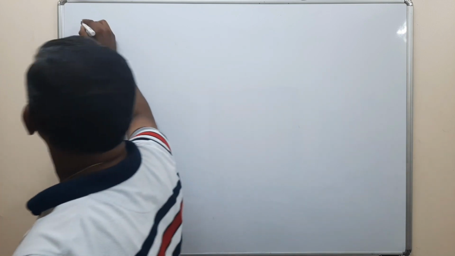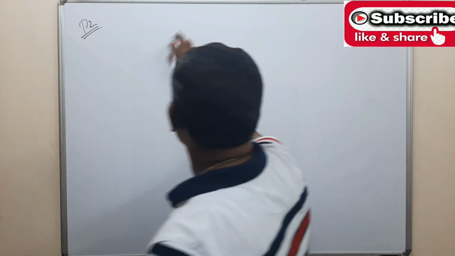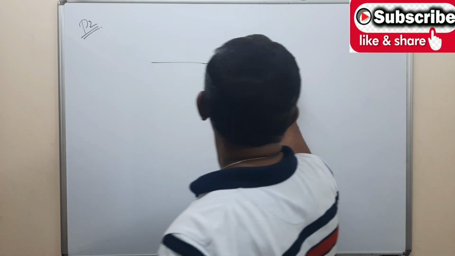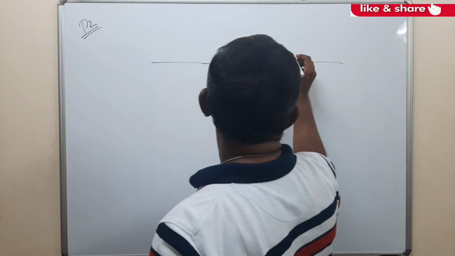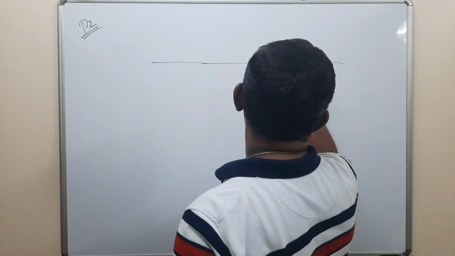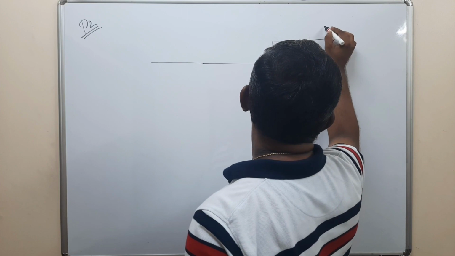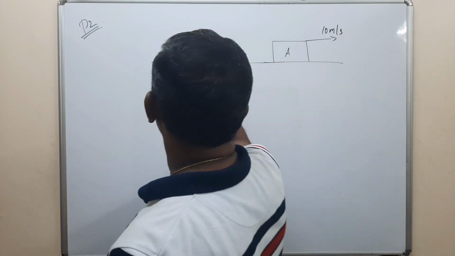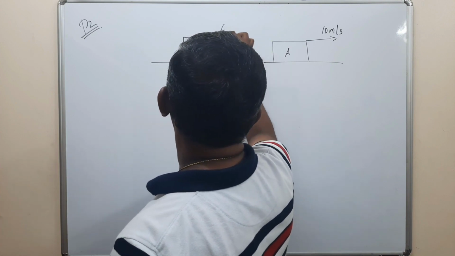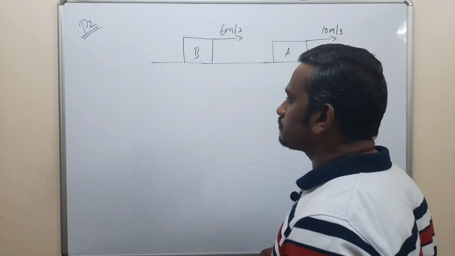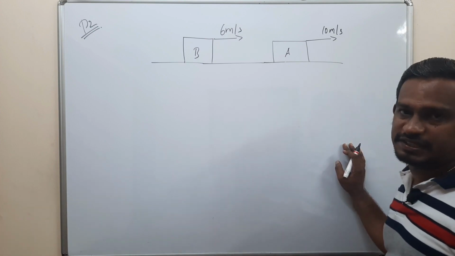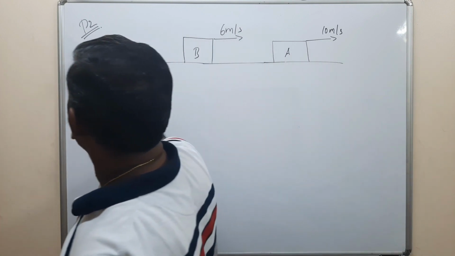So, second problem. A car A which is moving with 10 meter per second ahead of another car B which is moving with 6 meter per second.